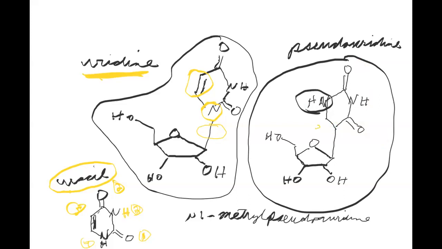On pseudouridine, which is endogenous, we'll have a nitrogen group and a hydrogen attached to the nitrogen. But what has been found is that you can take that hydrogen out, right?